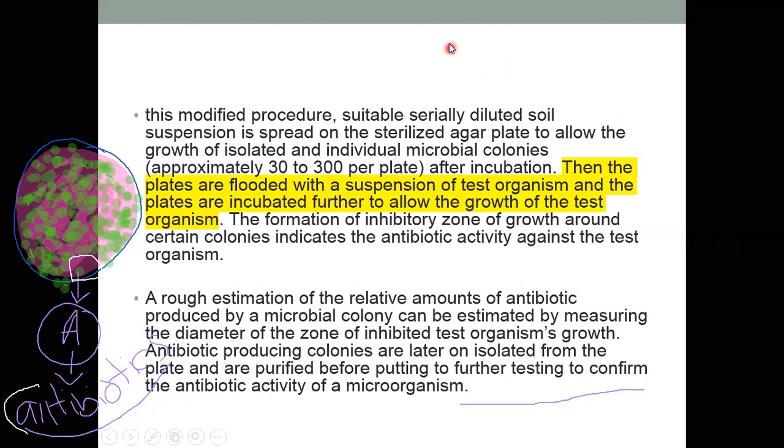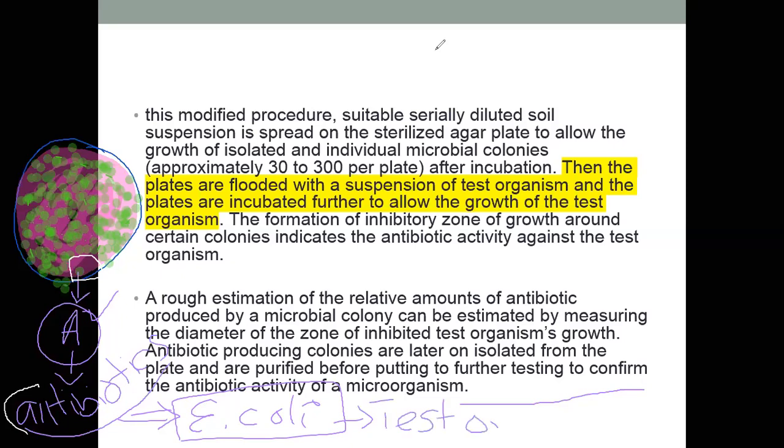For example, your test organism could be E. coli. And why E. coli? Because you want to see whether the antibiotic that A is producing works against E. coli or not. So E. coli, as an example, would be a test organism.